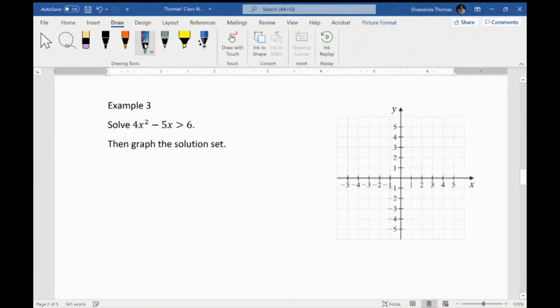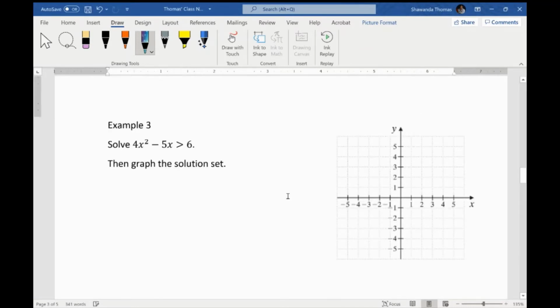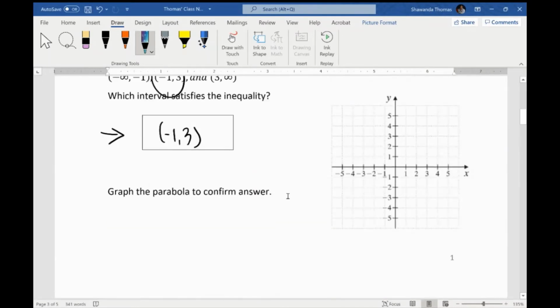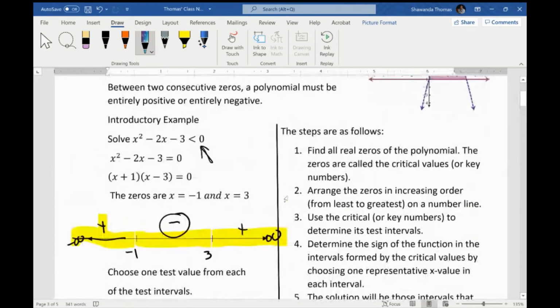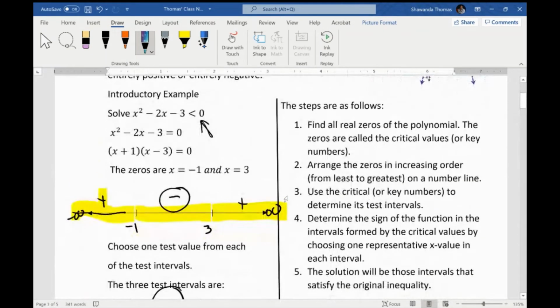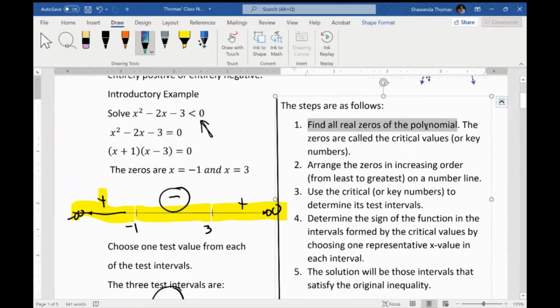All right, question. Yes, Dr. Thomas. Can you go over key numbers again? All right, key numbers for now. I haven't introduced you to another piece of it, but key numbers for now are the zeros. Find number one, find all real zeros of the polynomial.